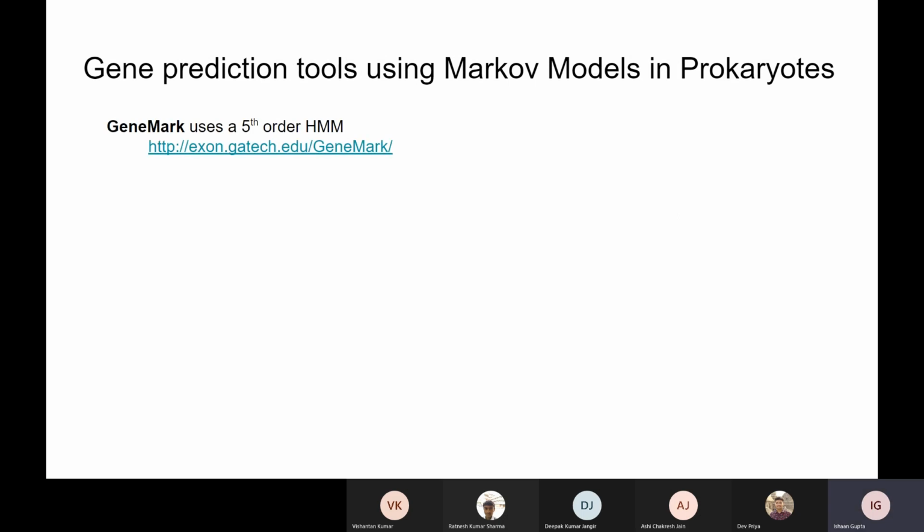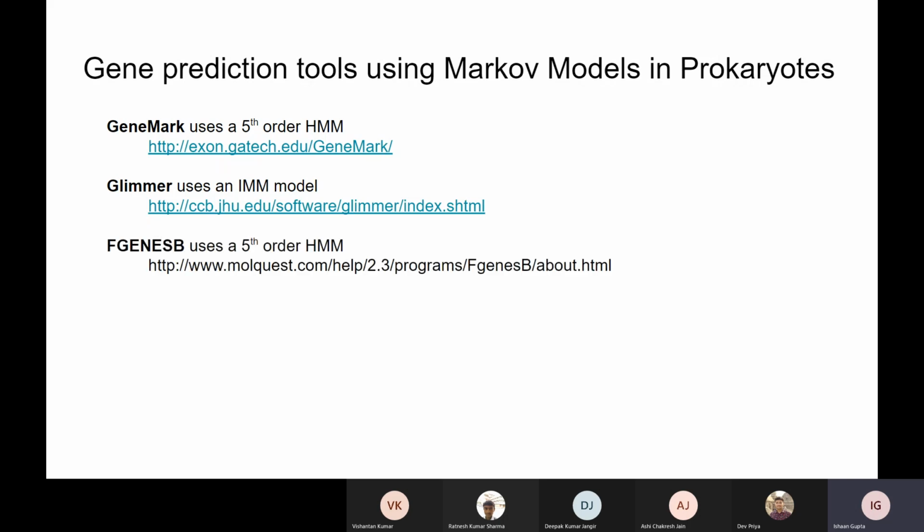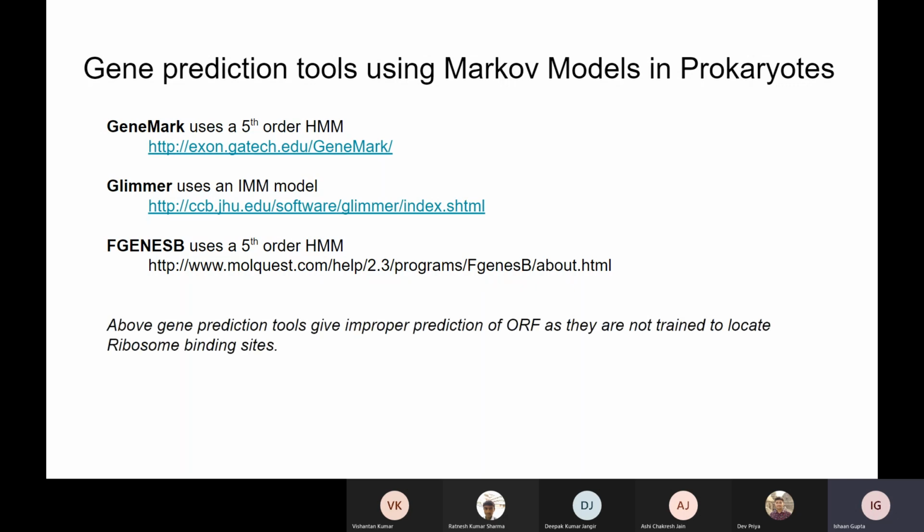Okay, so there are different tools which are used to implement these Markov models for prokaryotic gene prediction. GeneMark is one tool which uses a fifth order Markov model. Glimmer is a tool which uses an interpolated Markov model, that is multiple Markov models. Then you have FGENESB, which again uses a fifth order Markov model, right?